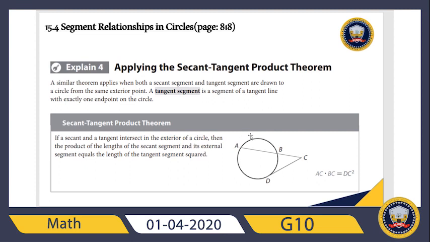So the total of your secant multiplied by the external segment of my secant, that is BC, will be equal to the square of my tangent segment. AC times BC equals DC squared. Okay, let's do two applications for this theorem.